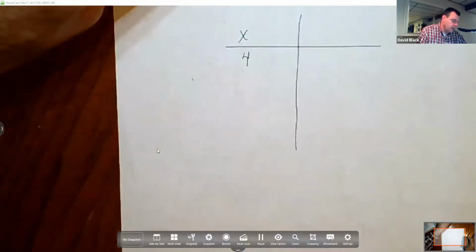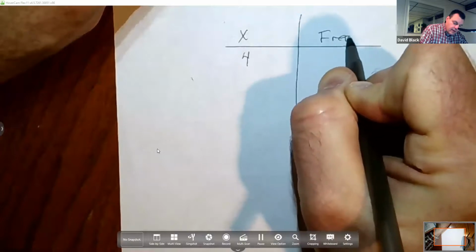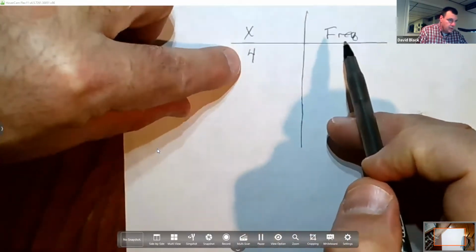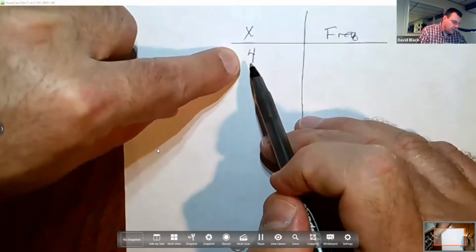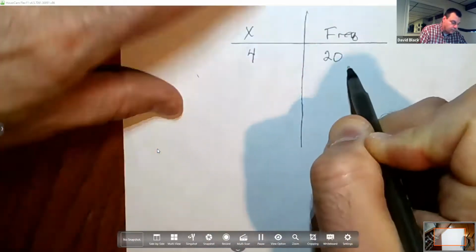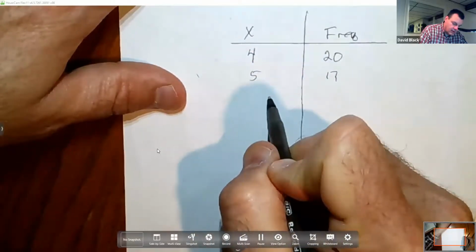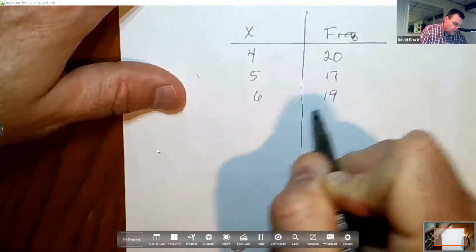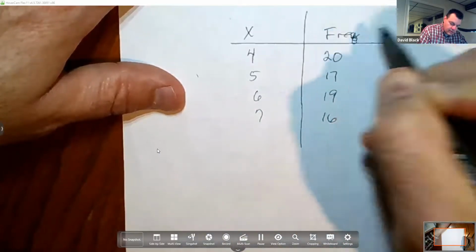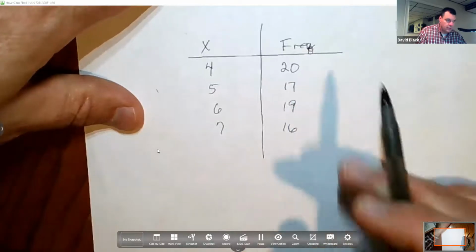There's no reason to play games 5, 6, and 7. And so X is a variable because it can change. The number of times that 4 games were played was 20. I'm just recreating the chart right now. 5 was 17, 6 was 19, and 7 was 16. That's interesting if you're a sports fan, that the most frequent occurrence is a sweep in hockey.